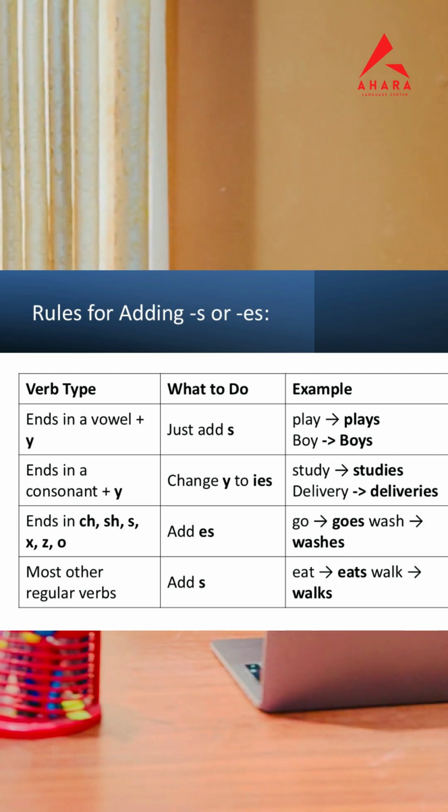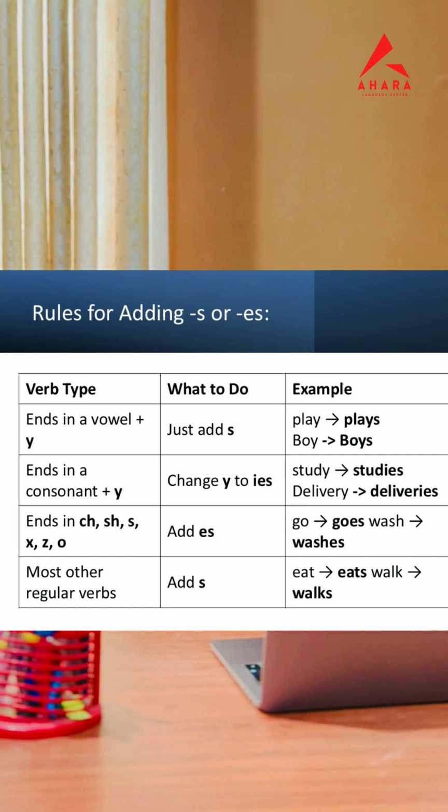How will it come? Study will become studies. Delivery will become deliveries. So the rule changes. What is a vowel? The letters A, E, I, O, U are the vowels in English. The rest of the letters are called consonants.